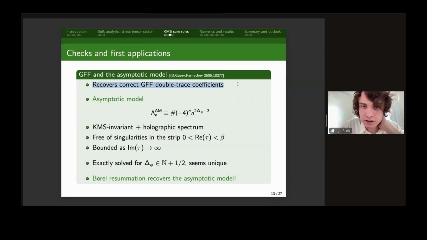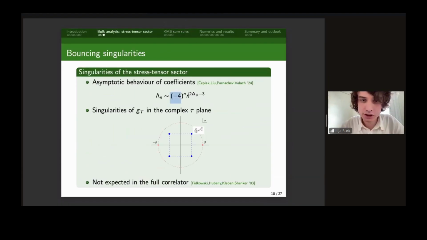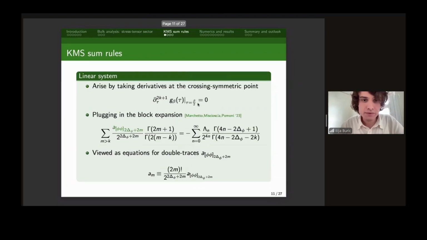So if you take the generalized free field and apply this procedure, you get the correct coefficients that were known from before. So this is nice. Then a more interesting check is the so-called asymptotic model. In this model, we take this asymptotic behavior of stress tensor coefficients that was observed in this earlier work and promote it to an exact formula down to n equals 0.